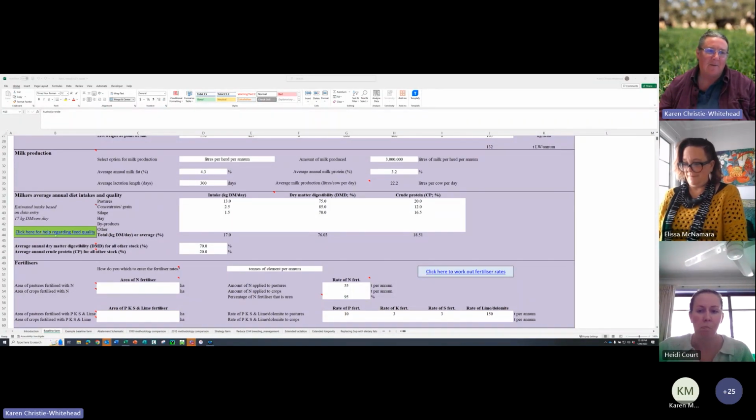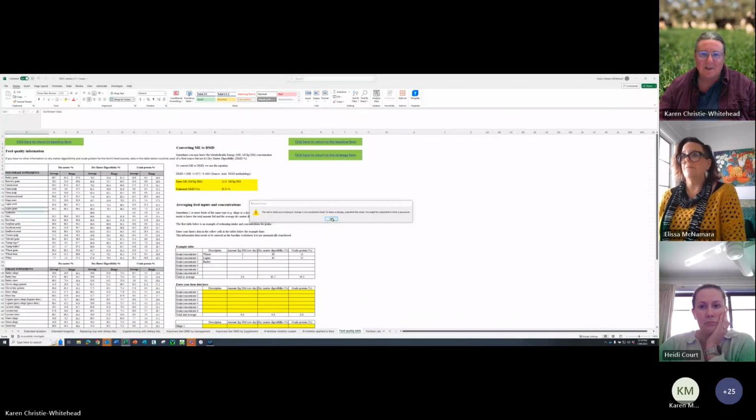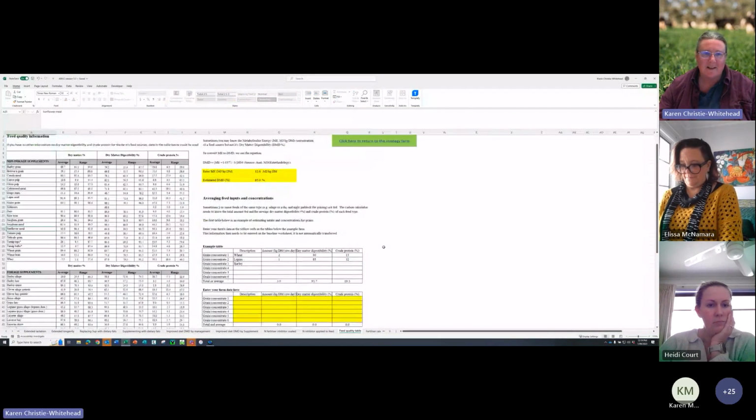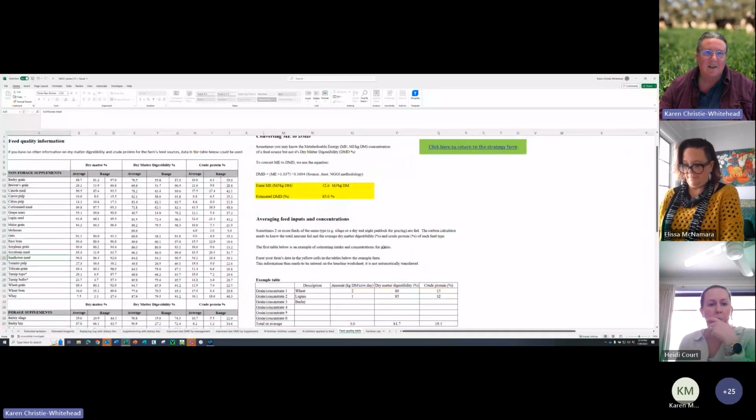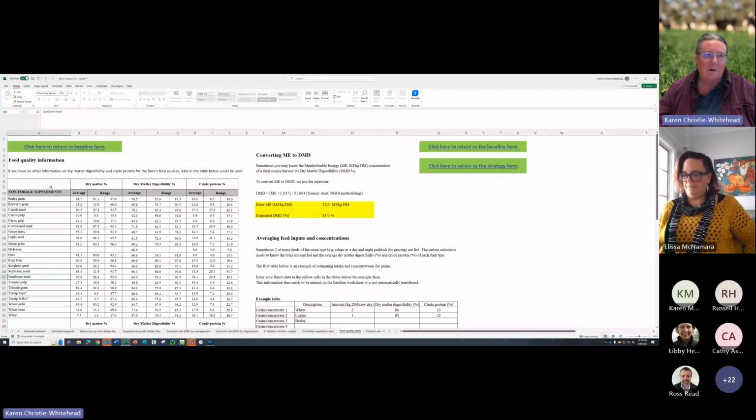If in doubt, we've got this click here to help regarding this feed quality button. I'll just make this slightly bigger so that you can see it on screen. What we have is some typical values, taken from feed test, for non-forage and forage species.